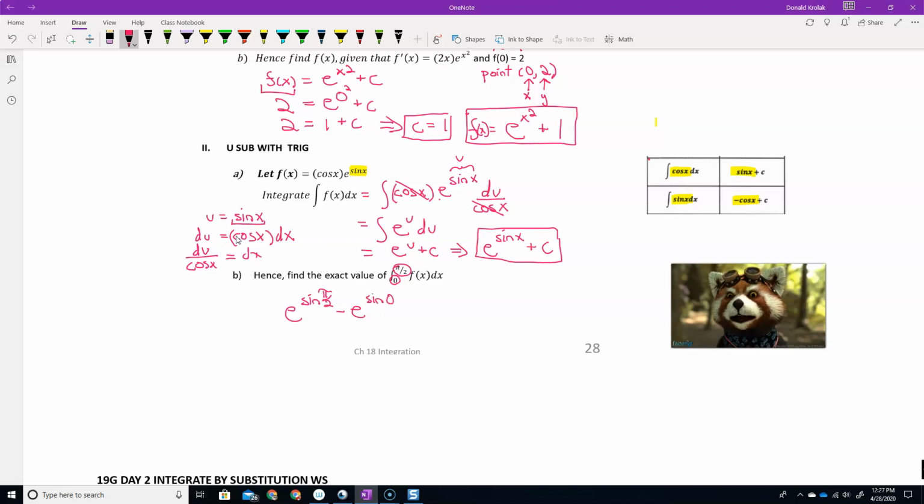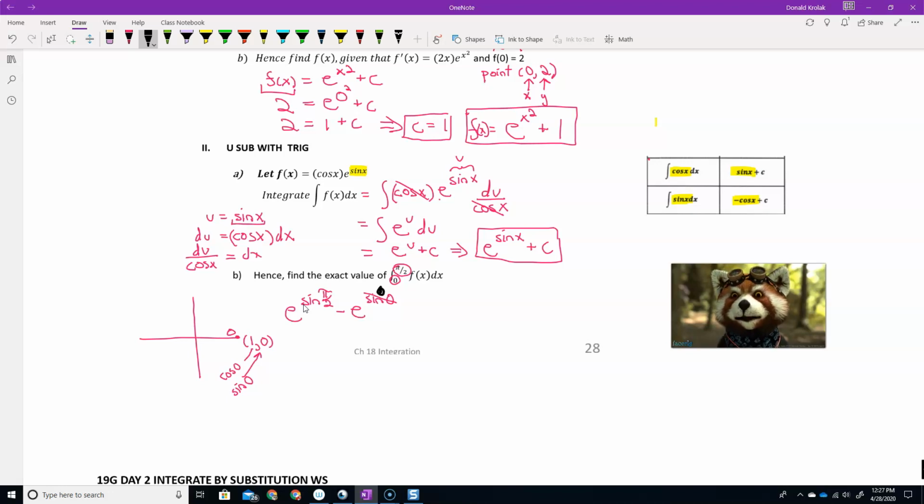Okay, so on our unit circle, at 0 radians, our point is 1, 0. This is the cosine of 0, and that is the sine of 0. So this becomes a 1, or excuse me, a 0.